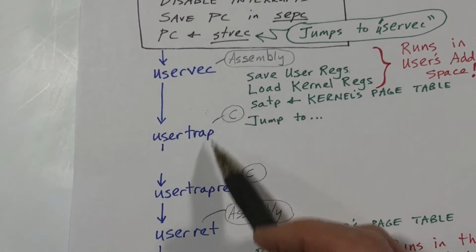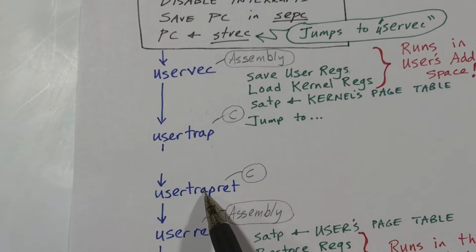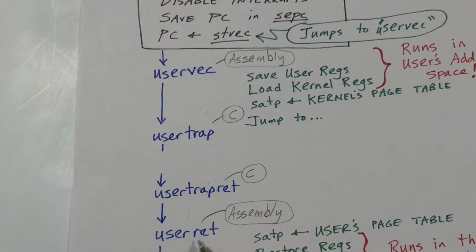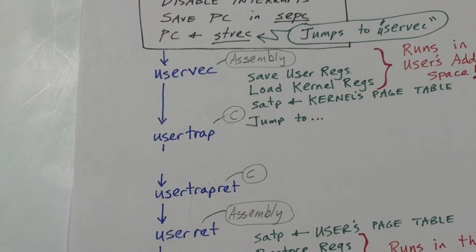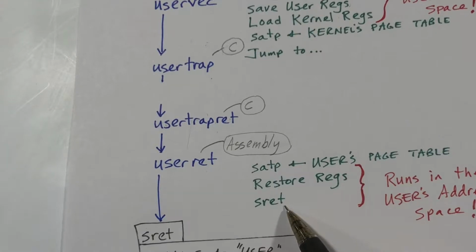It calls this and it calls that, and eventually it calls a function, usertrapret, and usertrapret will call userret. Userret will never return to usertrapret. So in that sense, it's not really a function, but it's just a block of code. Likewise, userret is not going to have a normal kind of return. Instead it's executing this sret instruction.